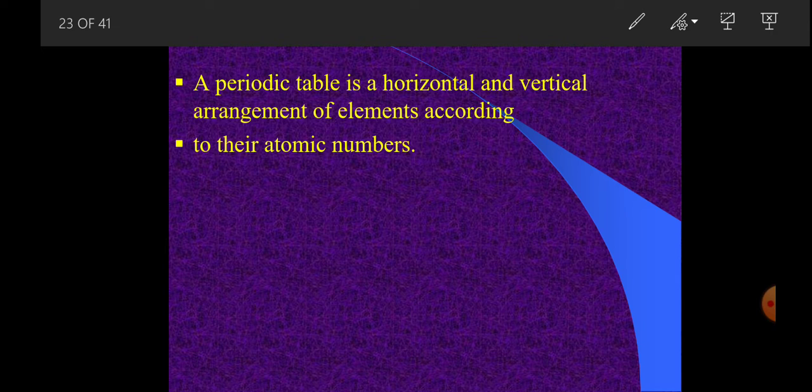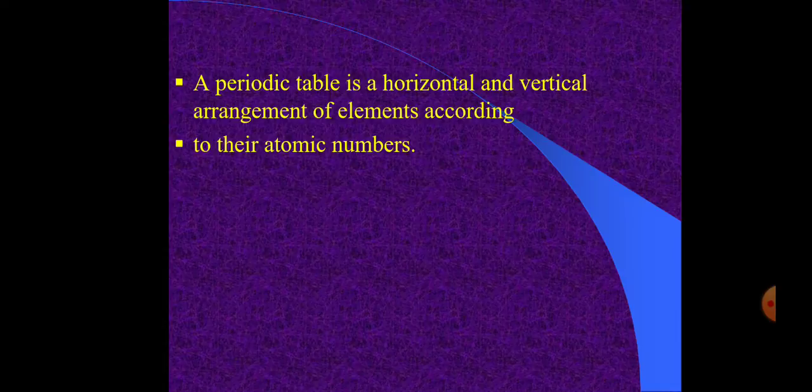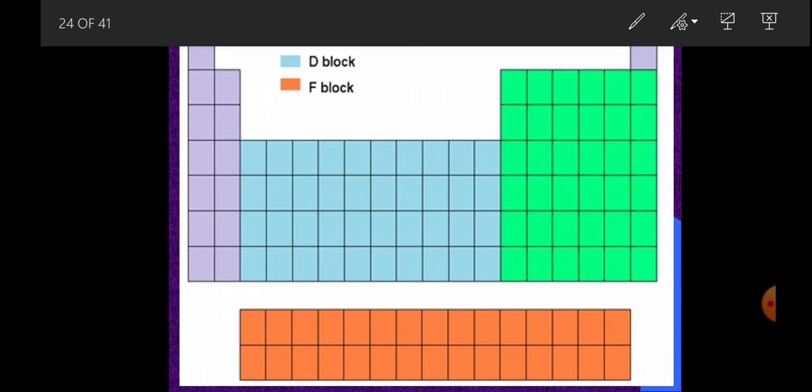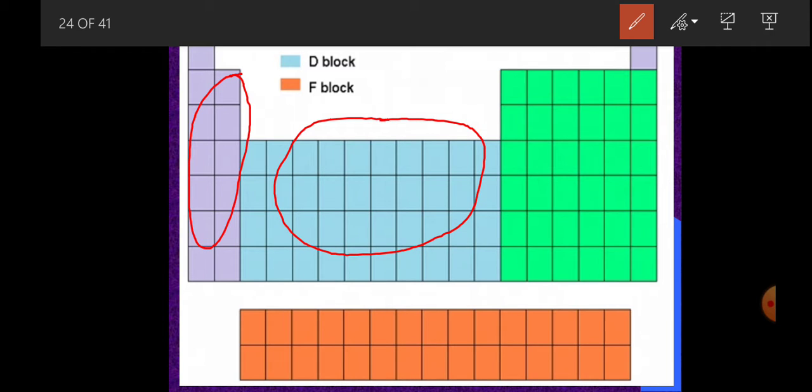So a periodic table will have a specific pattern and arrangement, and this particular pattern gives an impression of a table that has three sections. We have the first section that begins from this particular place, another section that is painted blue, and another portion that is painted green.